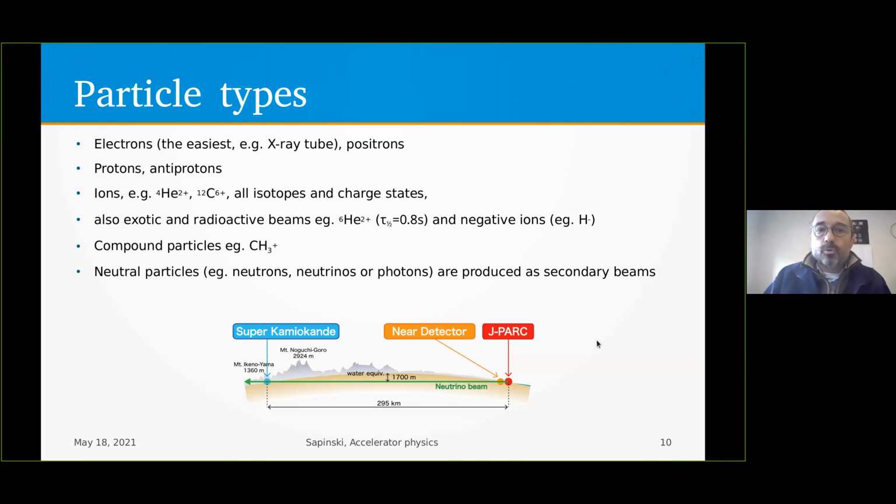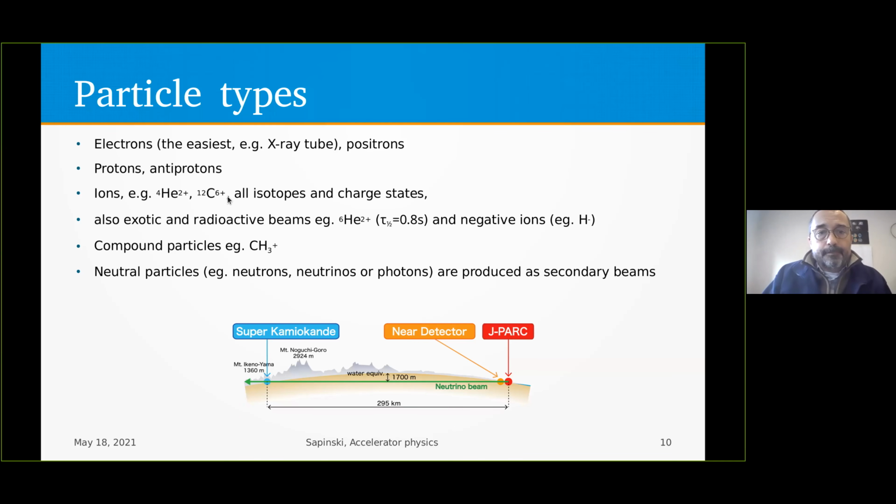We can also make these beams without any problem. Protons and antiprotons we do all the time. Then we come to ions, and here the special interest is the ions used for medical applications, for instance helium ions or carbon ions. We can easily produce them and form beams out of them, but actually we produce ions of all possible states.